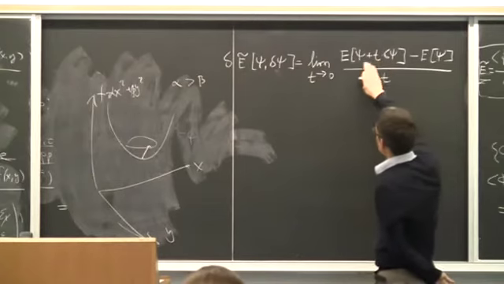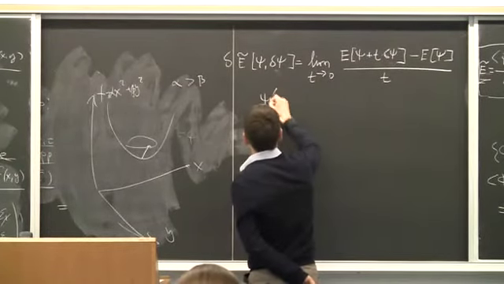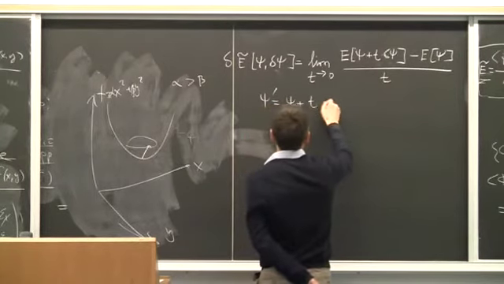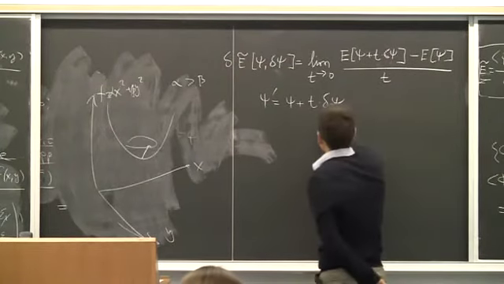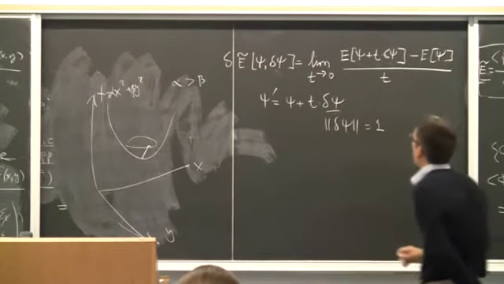So for finite t, this is just a new function, right? Psi new equals psi plus t multiplied by delta psi. And for this function, say the norm of this function, we can make it 1, okay?